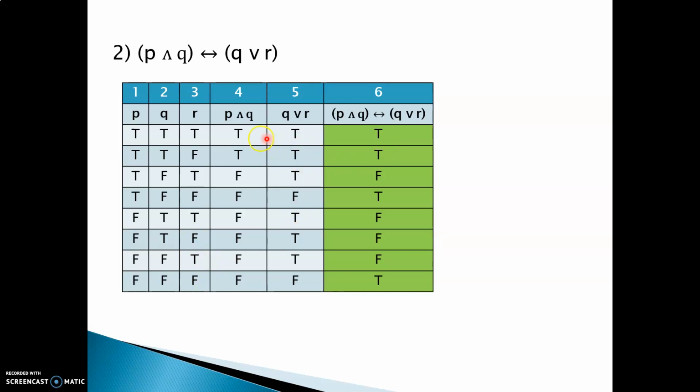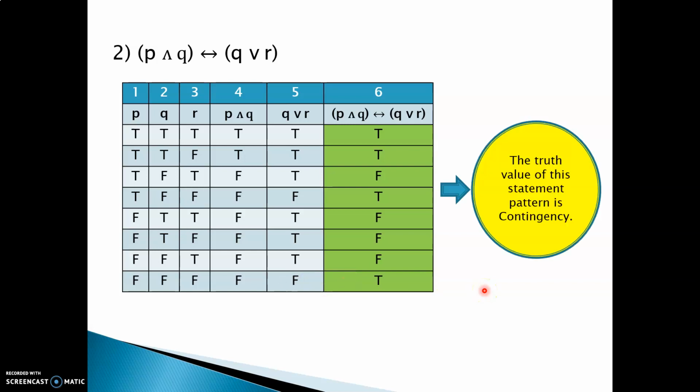So that is double implication. True if and only if true is true, true if and only if true is true, false if and only if true is false, false if and only if false is true, false if and only if true is false, false if and only if true is false, false if and only if true is false, false if and only if false is true. So it is a combination of true and false. That is why it is a contingency.